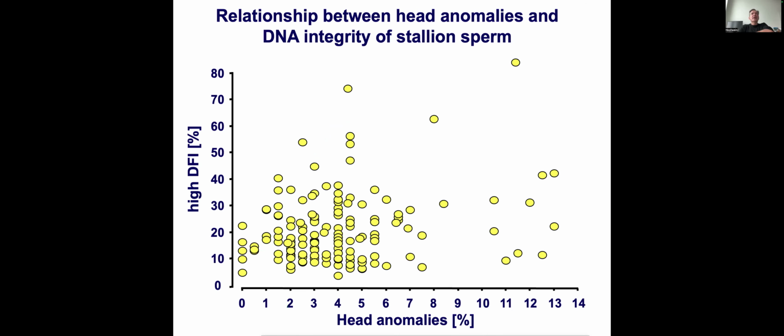And here you can see again the relationship between head abnormalities and the DFI value, or the percentage of sperm with a high DFI value. So you see there is some relationship, but it is not a high relationship.